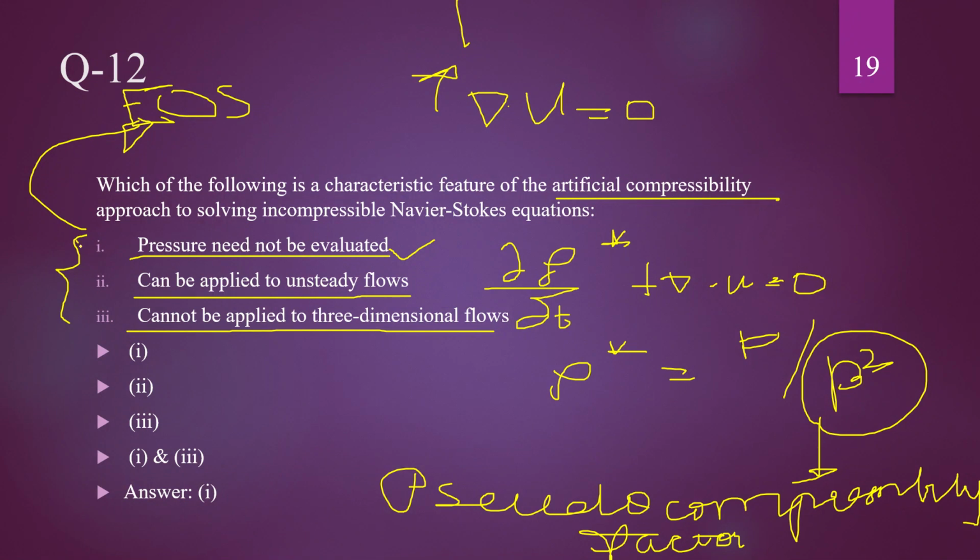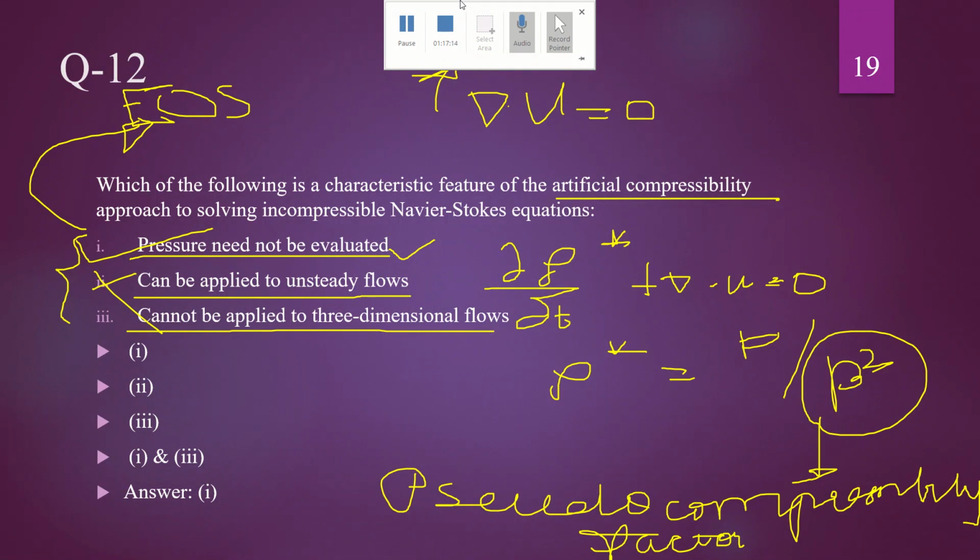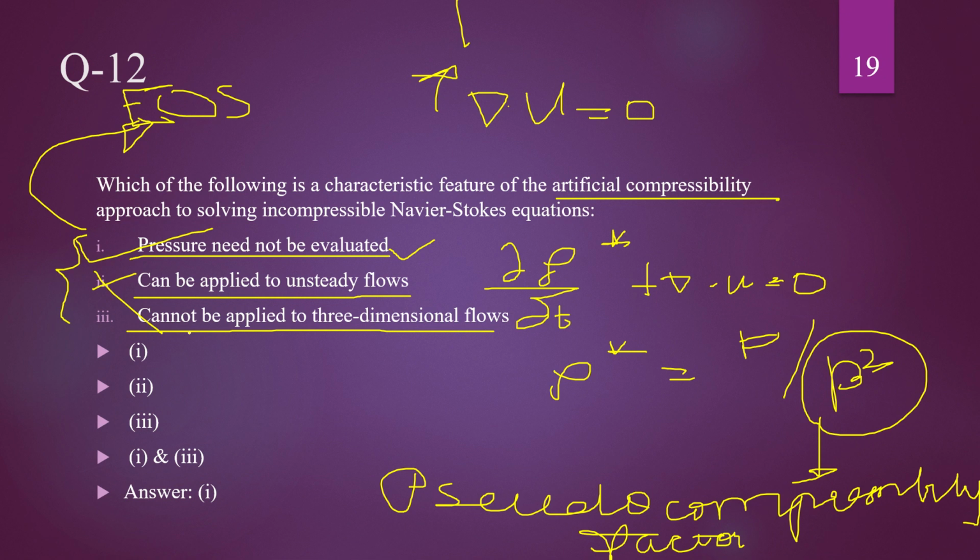Can be applied to unsteady flows is the wrong statement, because only after reaching the steady state, the method would give proper results. And the third statement, cannot be applied to three-dimensional flows, is also wrong, because it can be applied. It is given as cannot, so the statement is false.